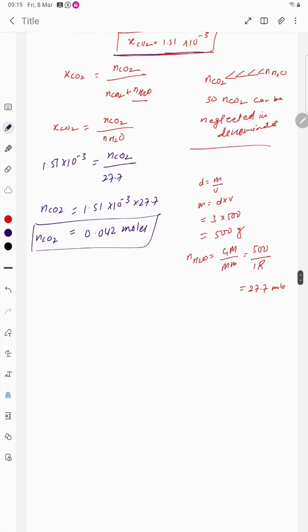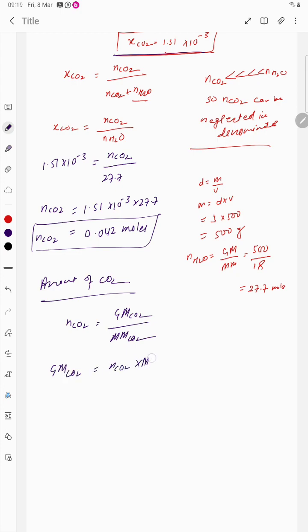Hence, the amount of CO2 is what they are asking. How to calculate? n_CO2 is equal to gram mass of CO2 divided by molar mass of CO2. So gram mass of CO2 is n_CO2 multiplied by the molar mass of CO2. n_CO2 is 0.042, and the molar mass of CO2 is 44.